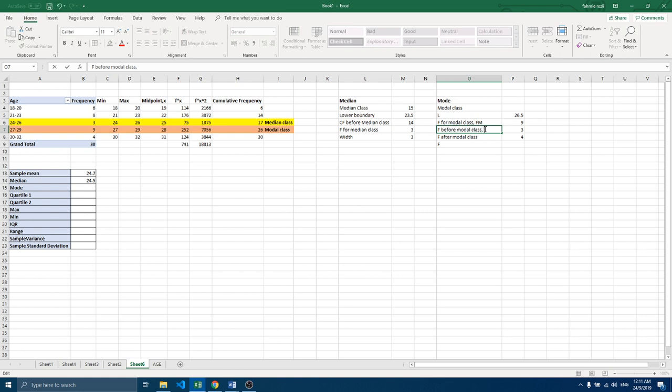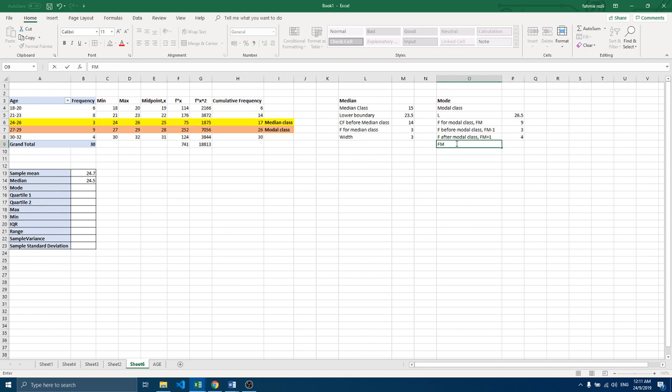This one is F before, so minus 1. This one is frequency after model class, n plus 1. So this one is frequency for model class Fm.